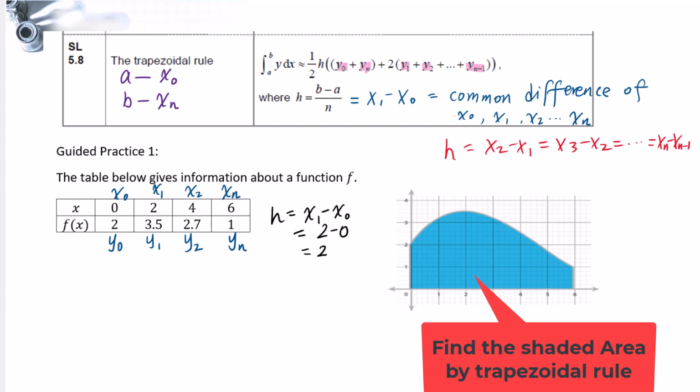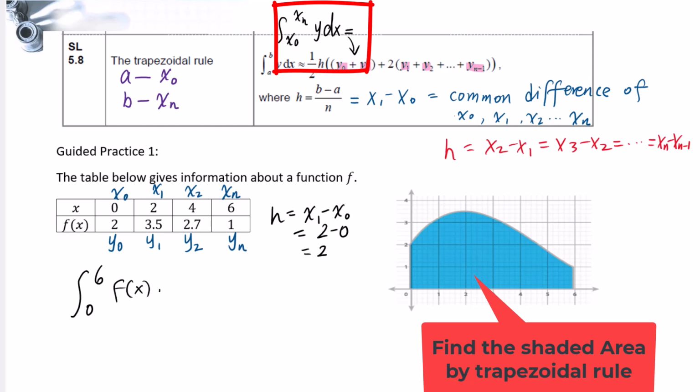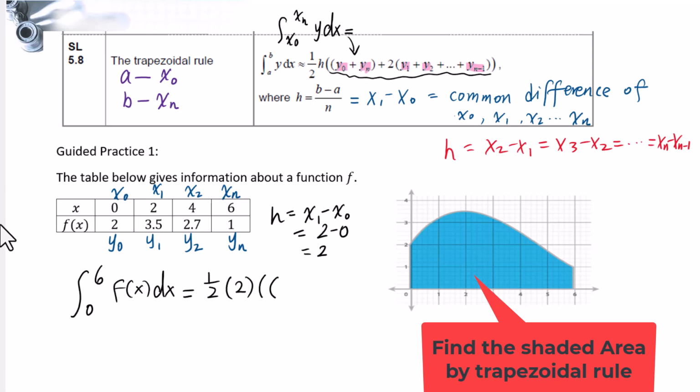Now we need to plug into this formula. The integral from x0 equals 0 to x sub n equals 6 of f of x dx equals 1/2. h is 2. Then 2 parentheses. Just make sure you use exactly the same format. y0 is 2 plus y sub n is 1.